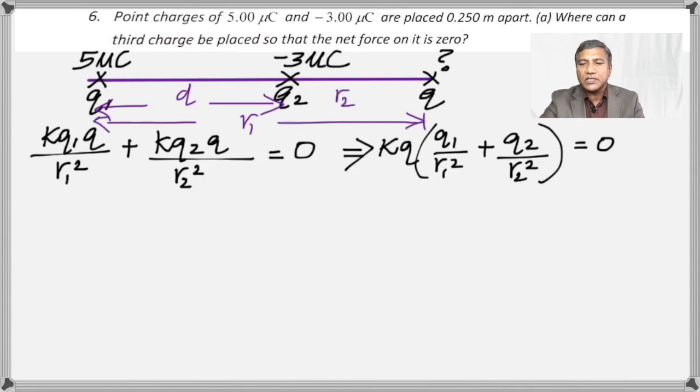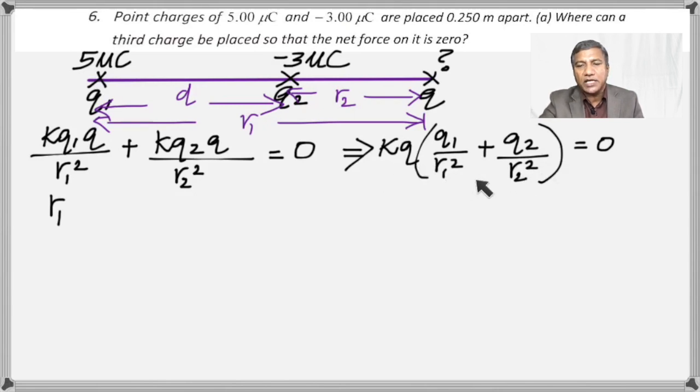I've taken out the KQ, and here are the distances. If I take this distance as R1, and this distance as R2, and this distance as D, we know that D plus R2 is R1. It's given in the diagram. So I'll be able to substitute one for the other.